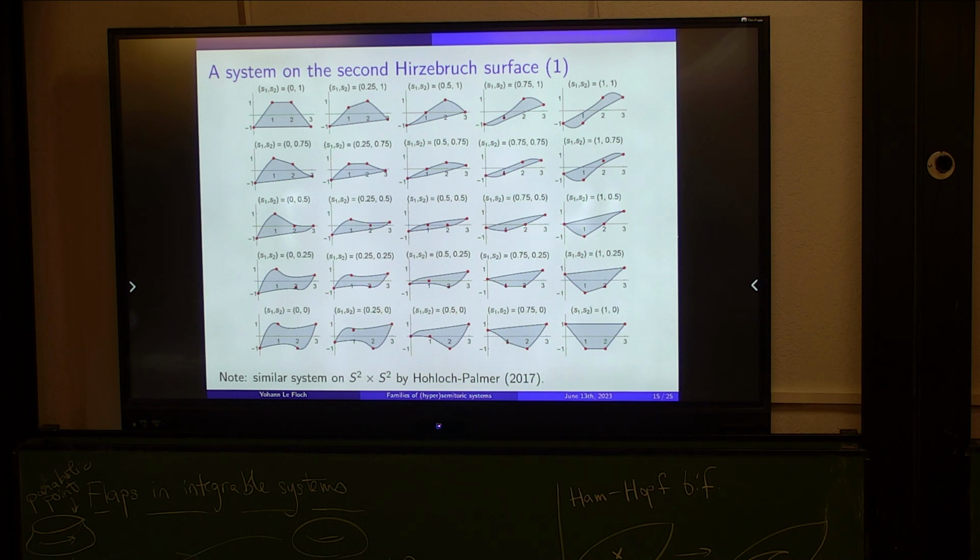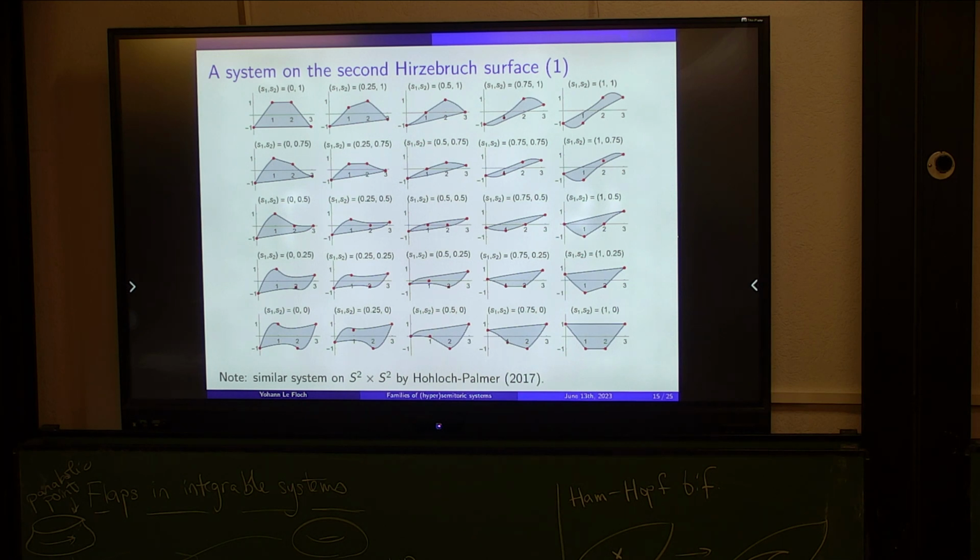And yeah, so what happened is that Joey and Sonia generalized the classical coupled angular momenta system to a two-parameter family of systems on S2 times S2 with the same behavior as these families that I will tell you about now.